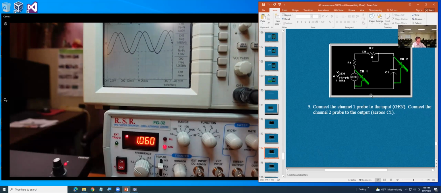If you are in this situation right now, just tell me what we have to do first to measure the phase. Use the cursor. Not yet.